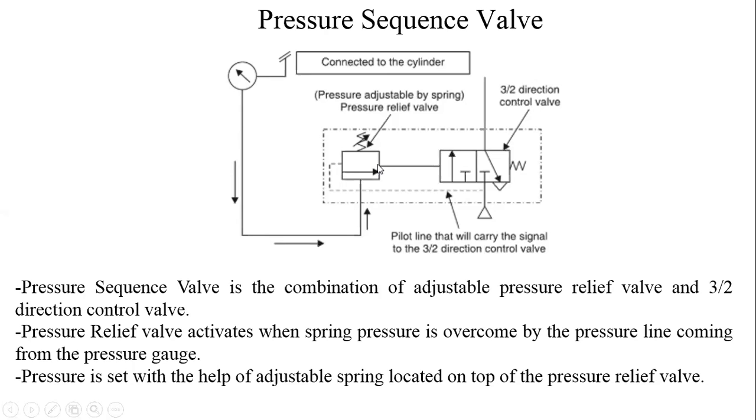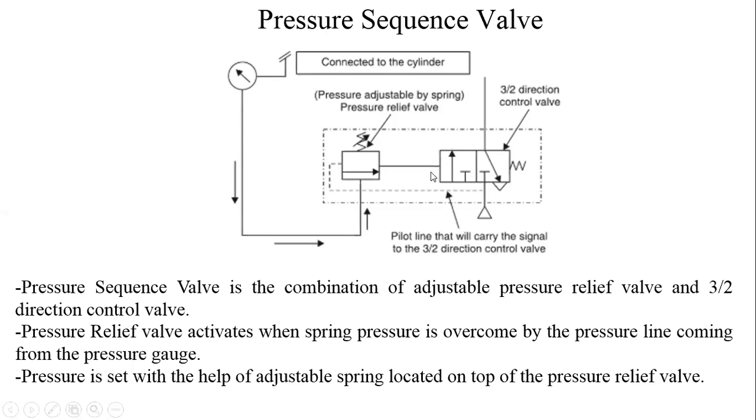Therefore, the pilot signal, which was blocked earlier, will move to the 3x2 direction control valve, and this pilot signal will activate it. To be specific, it activates its left position.